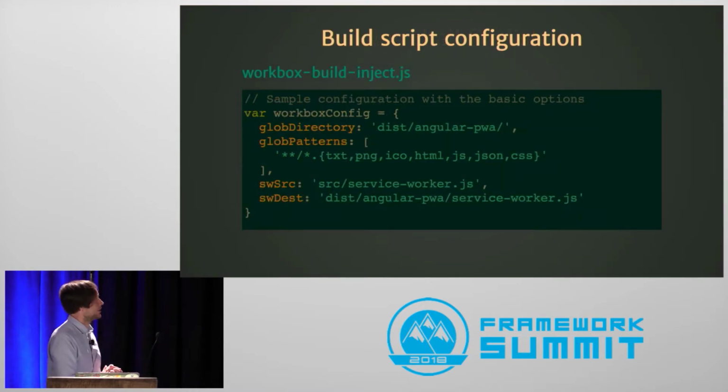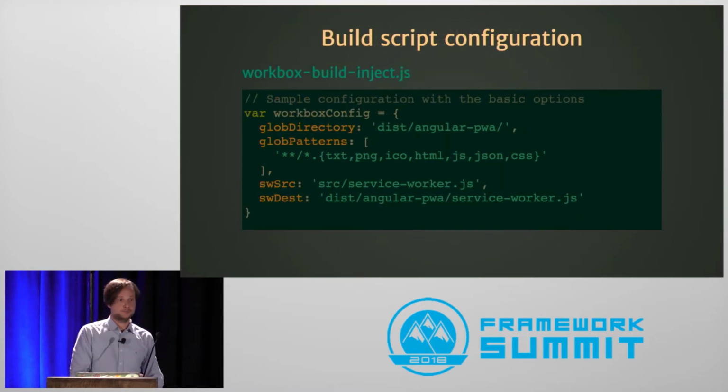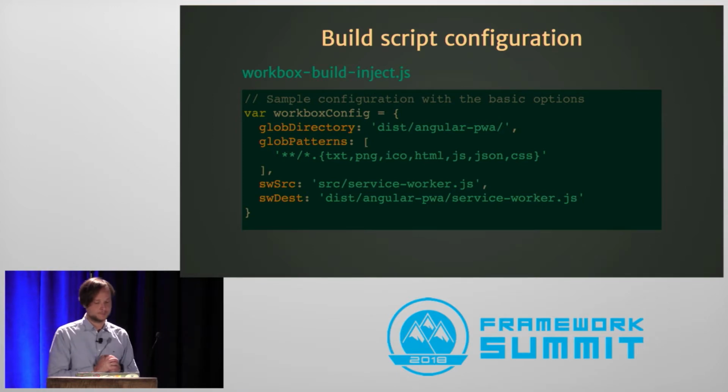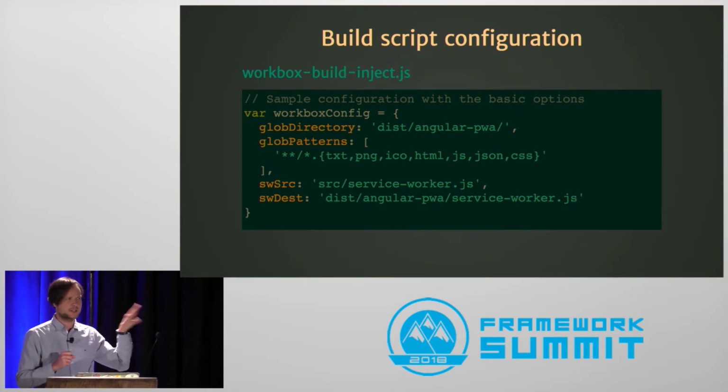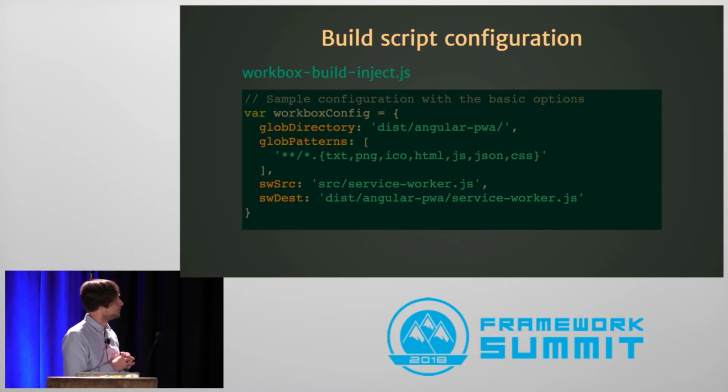This is where configuration comes into play. By specifying some globs, we provide the knowledge to Workbox build of which files to take. I listed only basic options. It's really flexible.